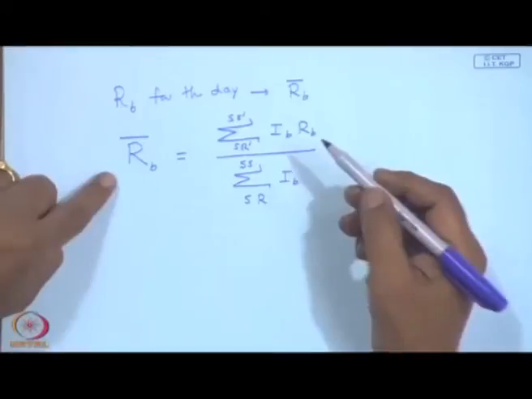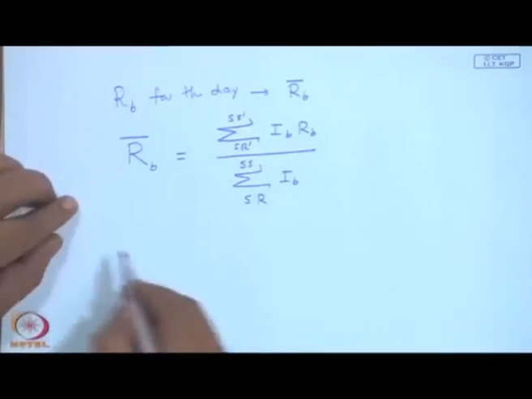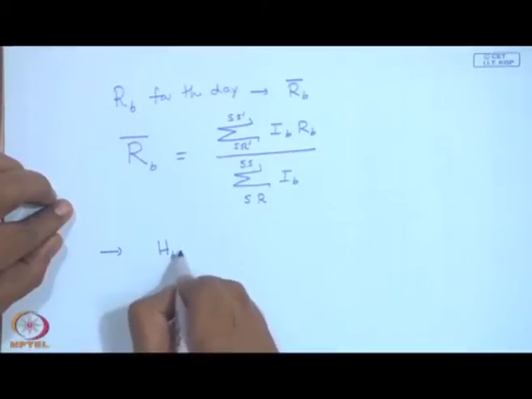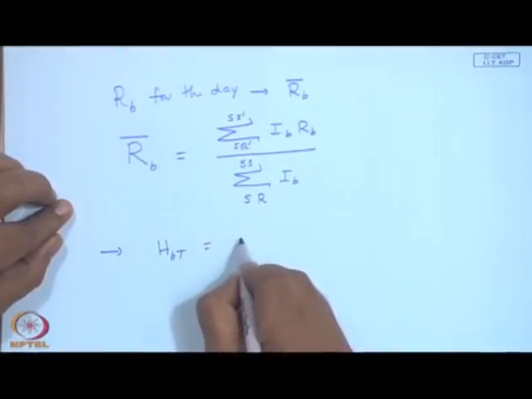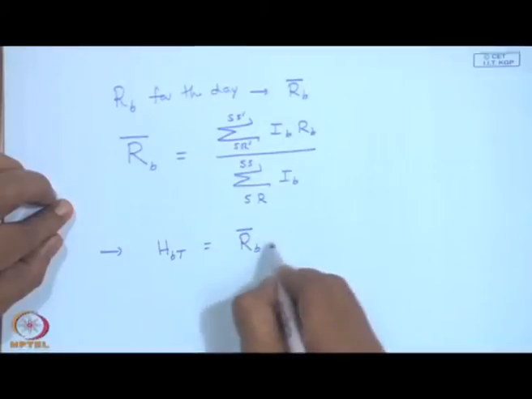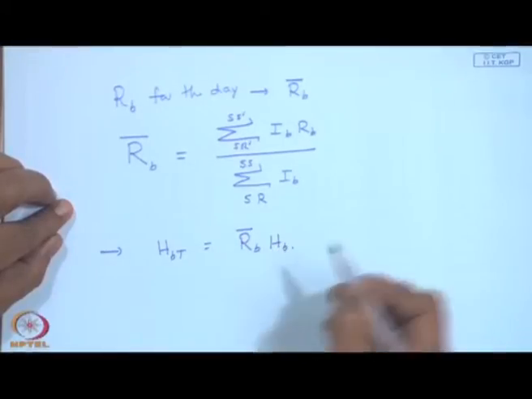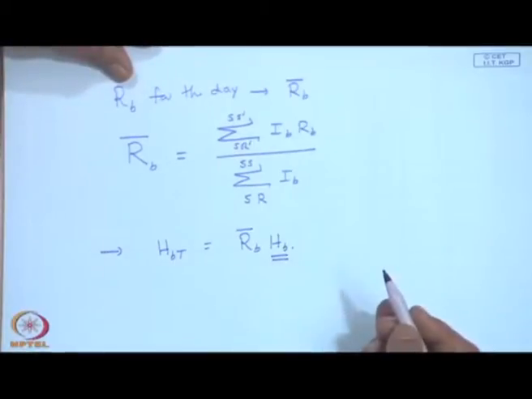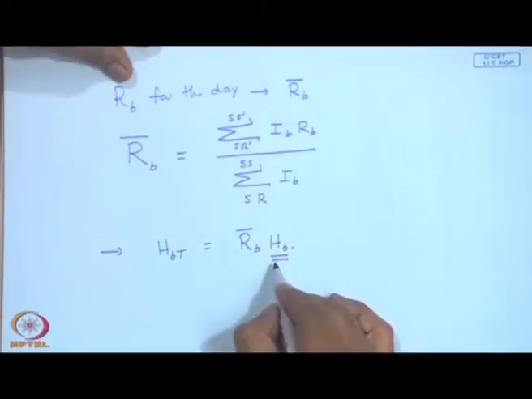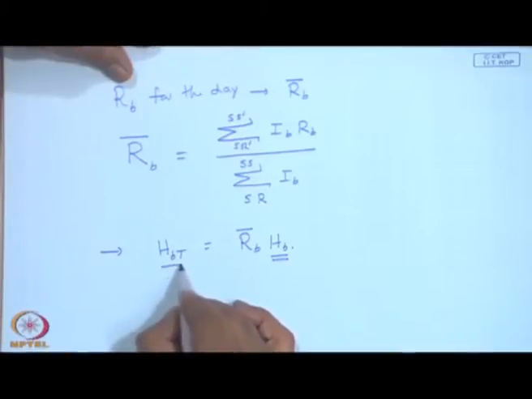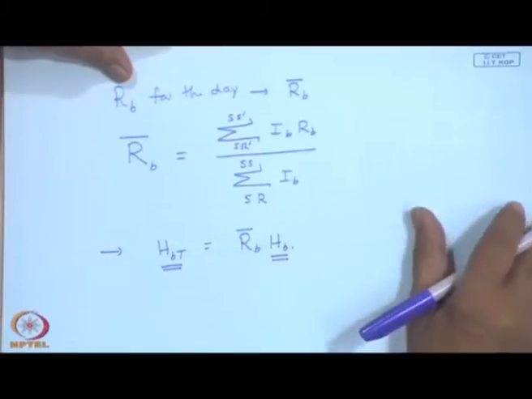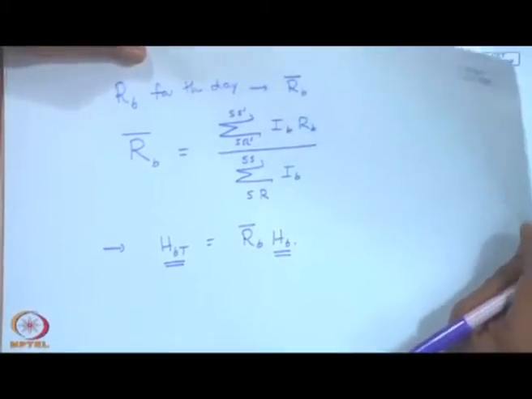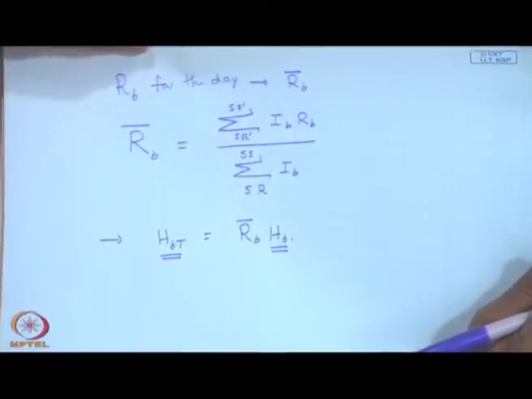So, in general this leads to H B T equal to R B bar H B. If I have the daily beam radiation on a horizontal surface, I will be able to calculate the daily direct radiation on the tilted surface by this factor R B bar into H B.